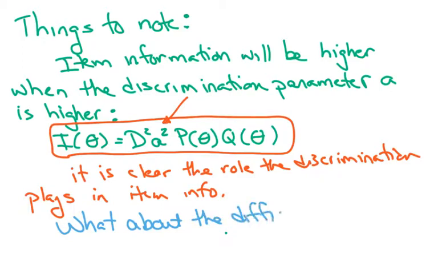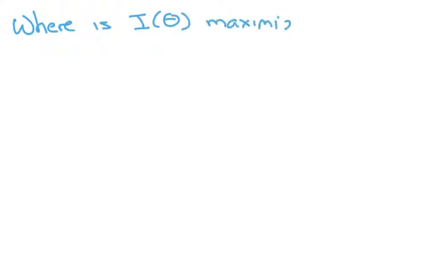Well, for that, we can look to see where item information is maximized. And these are all things that you should include in your paper. How much of it you include in your talk will be sort of up to you. But I thought we'd go ahead and look at how do we maximize this function.